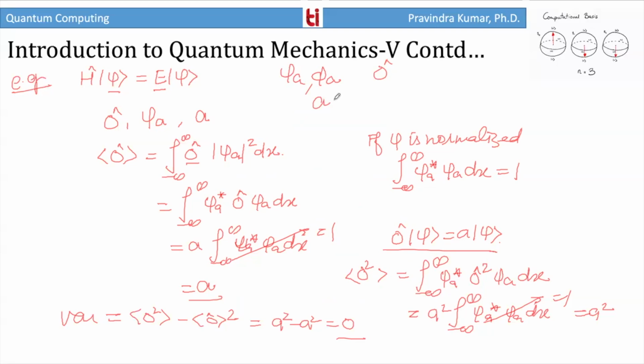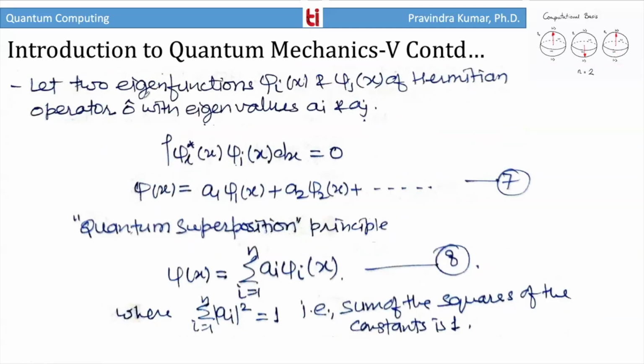Besides this, if the eigenstates psi A and phi A of the Hermitian operator O correspond to different eigenvalues A1 and A2, then the eigenstates are said to be orthogonal. And if they are orthogonal, we can write the integral of psi A complex conjugate and phi A dx equal to 0.